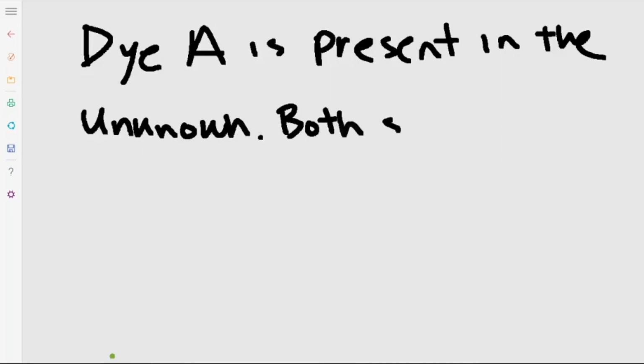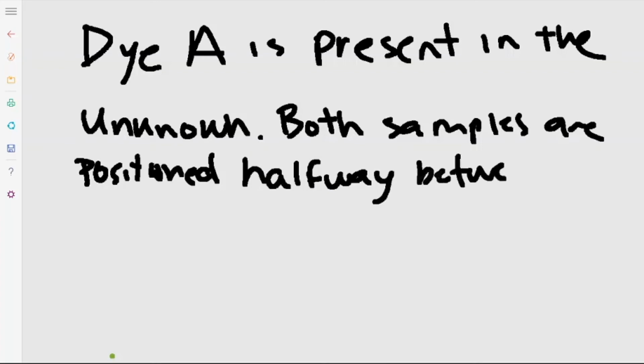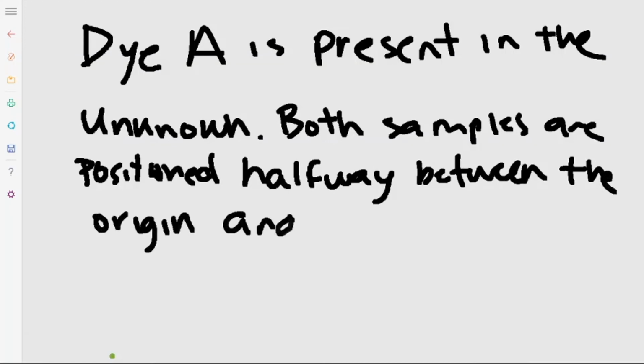Both samples are positioned halfway between the origin and the solvent front.